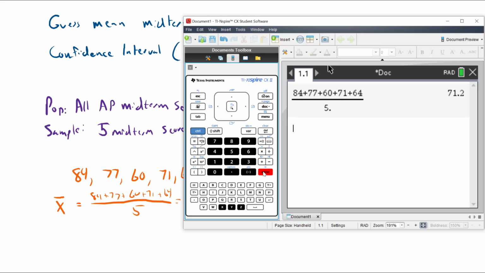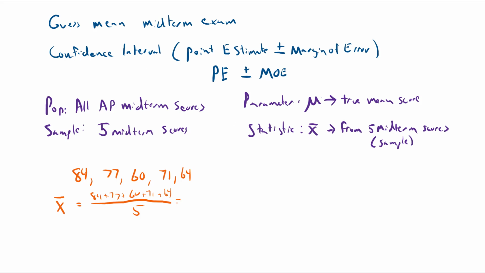And we get 71.2. So we got 71.2. In which case, we'll just go ahead and call this 71. So we'll say we got good whole numbers for our values here.